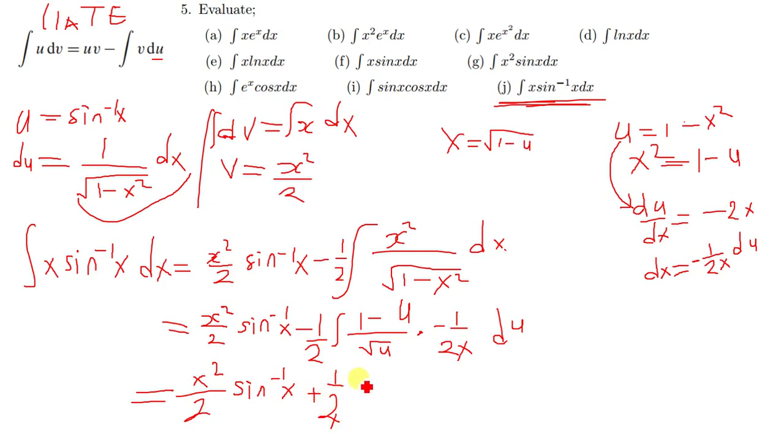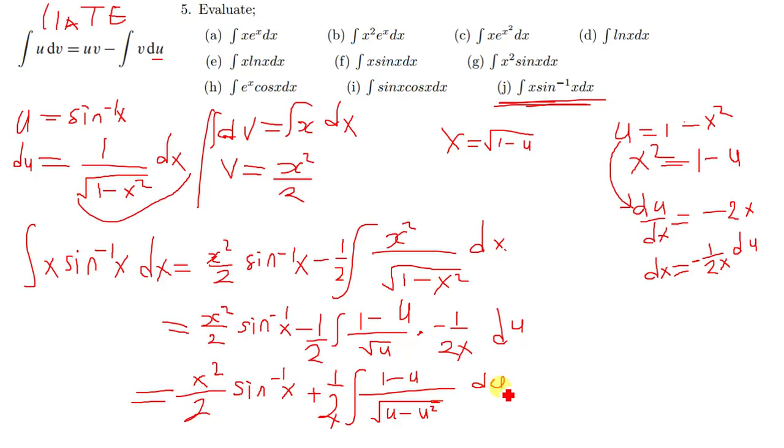Then here you're going to have the integral of 1 minus u on top, over the root of u times x, which is the root of 1 minus u, which is just the same as u minus u squared. From here I'm sure you can all simplify and integrate this.